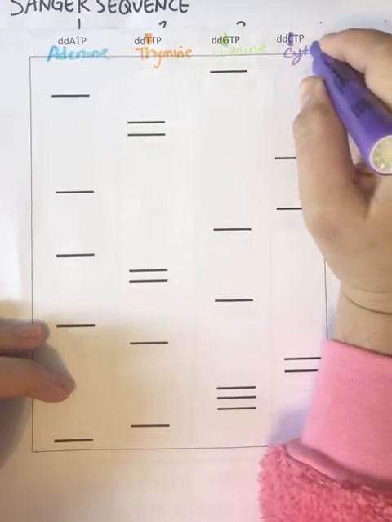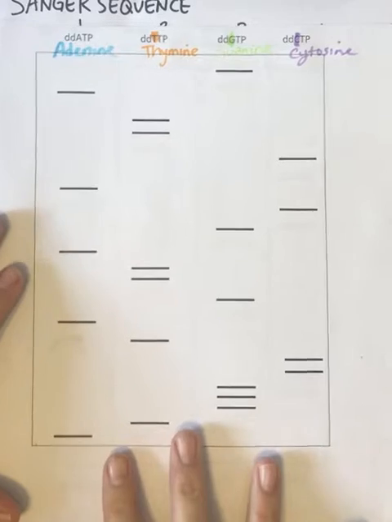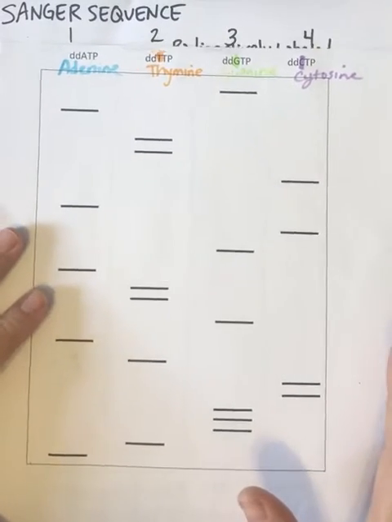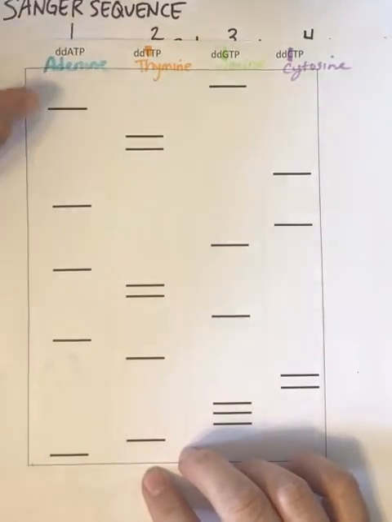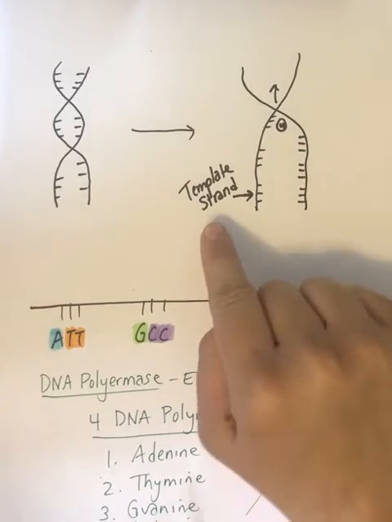So now this is the X-ray film, so it's not going to be glowing. It's not radioactive anymore. But you can use the Sanger sequence to basically figure out the DNA sequence from which you ran. Now, it's only going to be a copy of the original sequence. So you're running the template strand, which could be this, it can be anything.